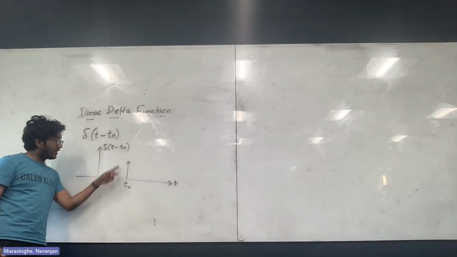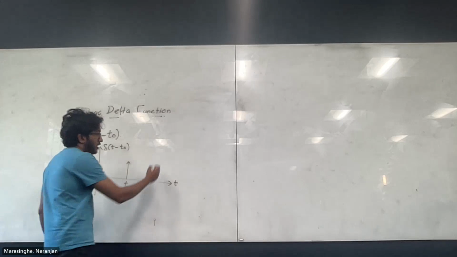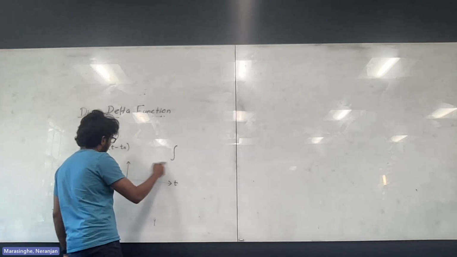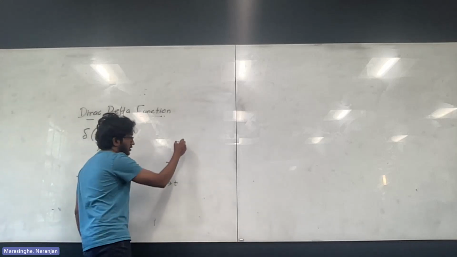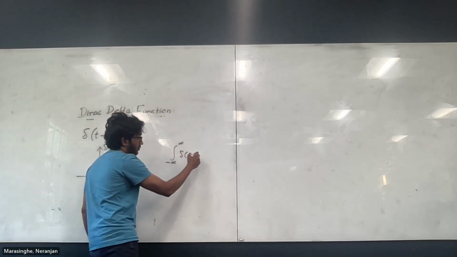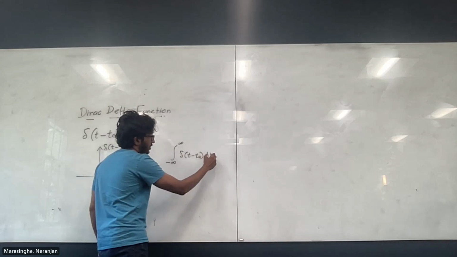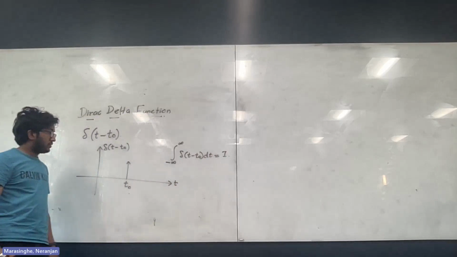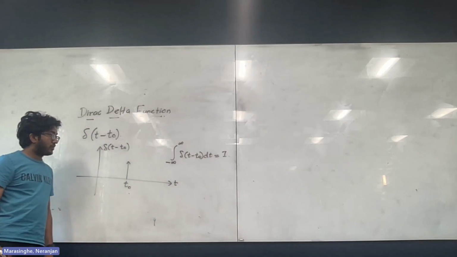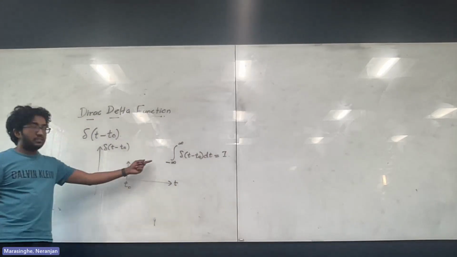And what is the integral of delta(t minus t naught)? If you integrate delta(t minus t naught) from minus infinity to infinity, we would get 1, right? Actually, you do not need minus infinity, right?